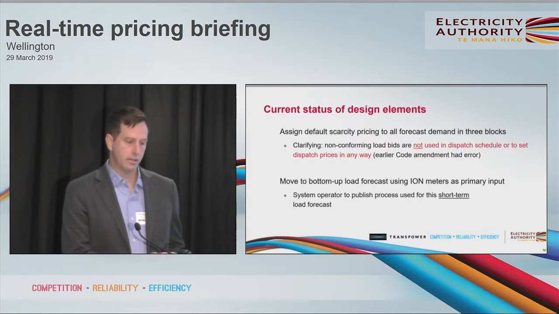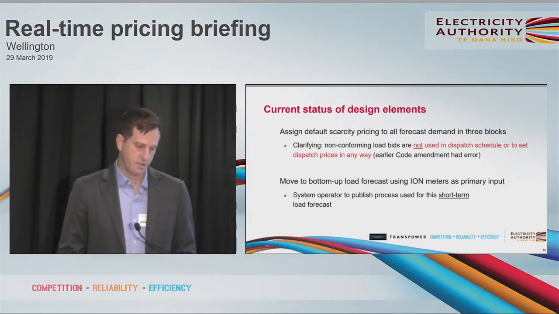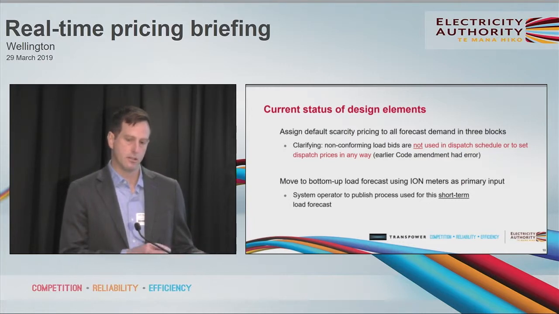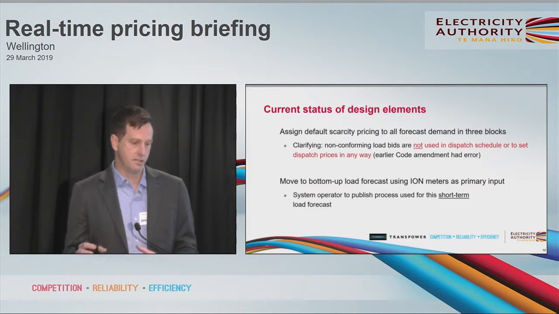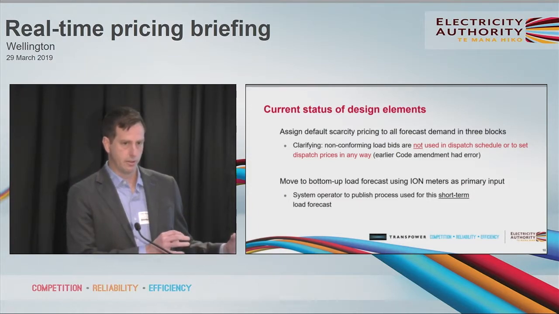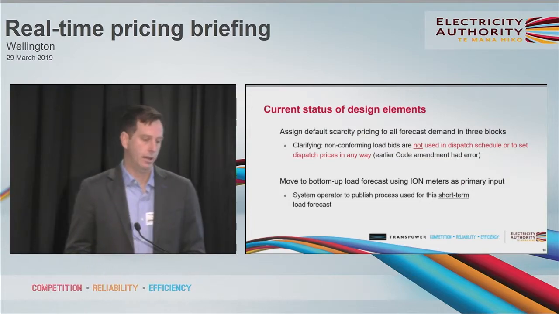We'll touch on that later. Obviously, this was a pretty significant part of the 2017 consultation, so I can answer questions on that, but the focus today is on how, when we get to the section on reserve scarcity, that interacts with those 3 default energy scarcity pricing blocks.